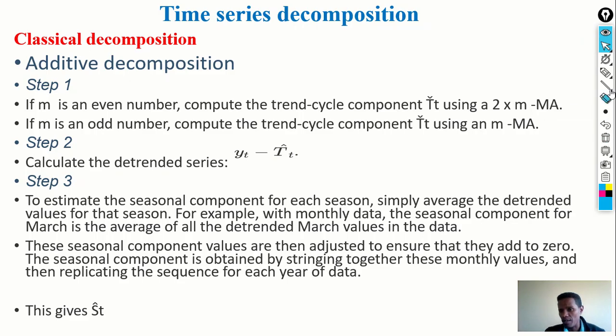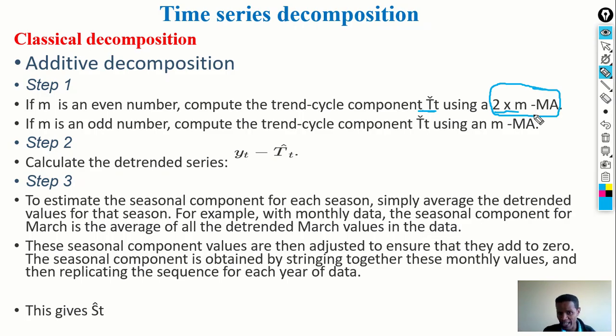The trend cycle component will be calculated by using a 2 times m moving average. So we will multiply this m by 2, and then a moving average calculation will be made.